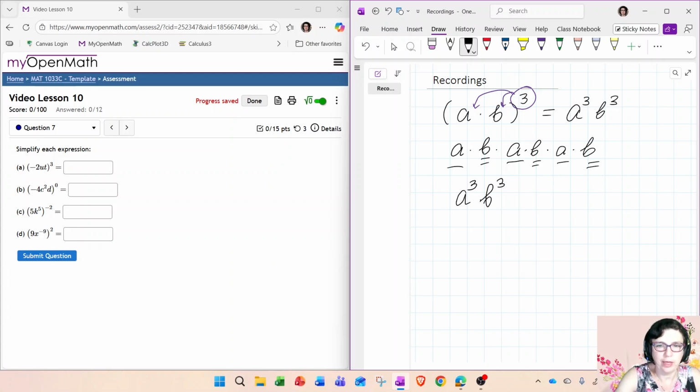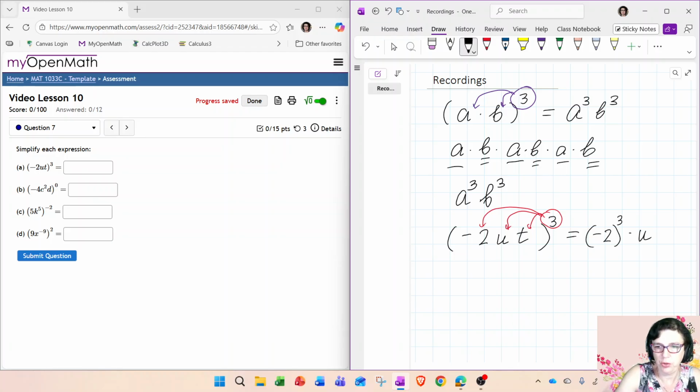Now let's apply that to the following exercises. So the first one is negative 2ut, and then we are raising the whole thing to the power 3. All right, we are going to distribute this power 3 to each term according to the product to power rule. Whenever you are distributing the 3 to negative 2, you have to raise negative 2 to the power 3.